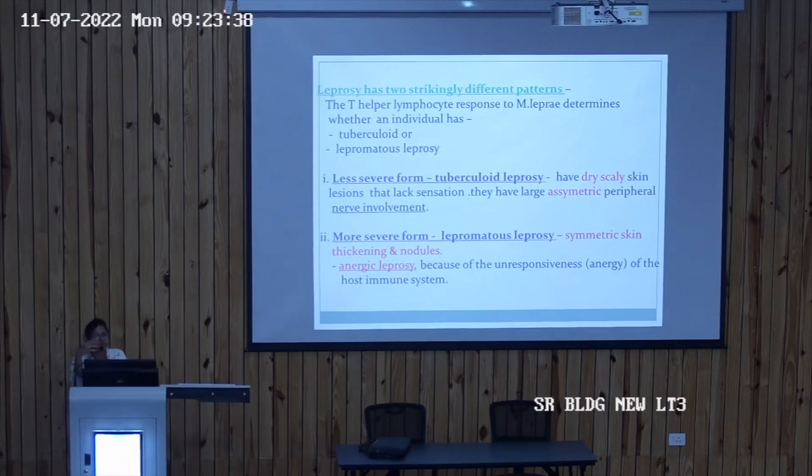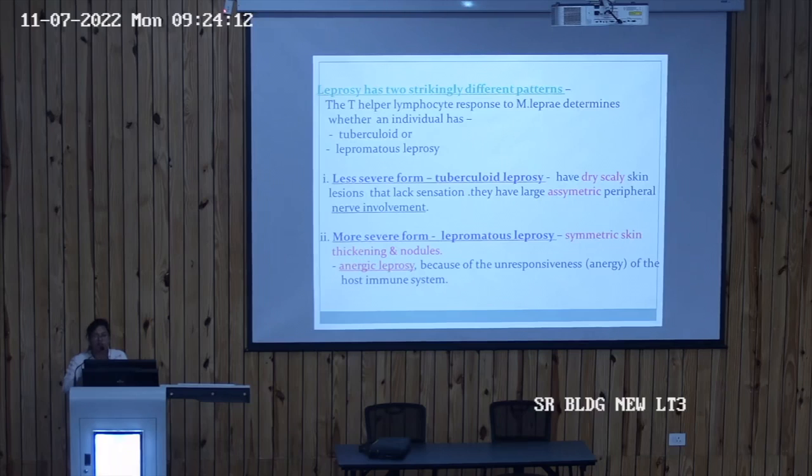But patients who have low immunity and a low cellular response usually contract lepromatous leprosy. Tuberculoid leprosy is a less severe form, because the person can resist the infection with a good host immune response. The patient presents with dry, scaly skin that lacks sensation, and asymmetric peripheral nerve involvement.